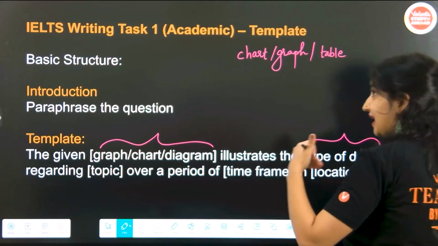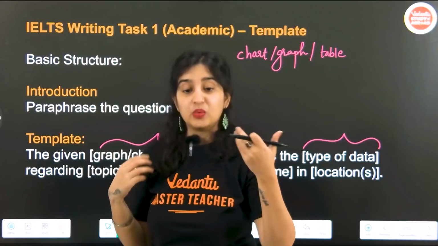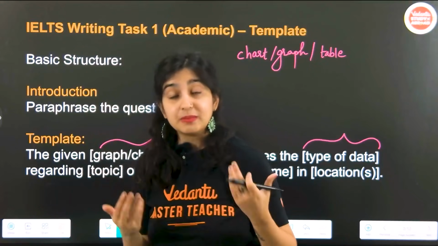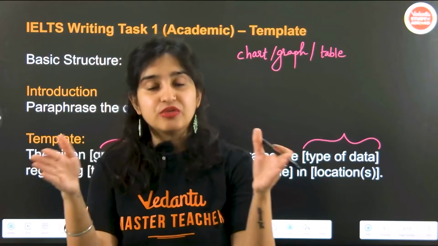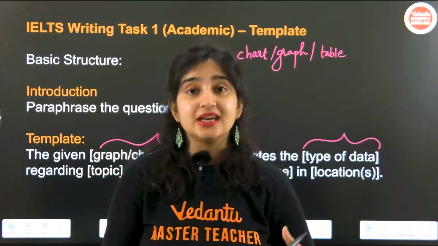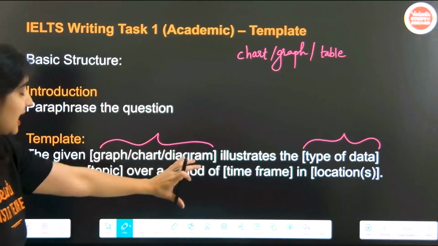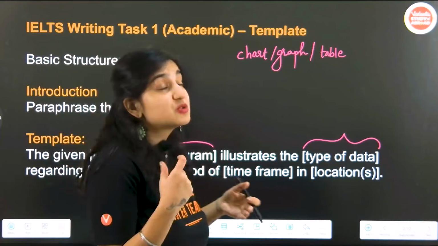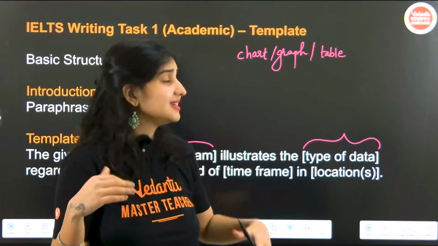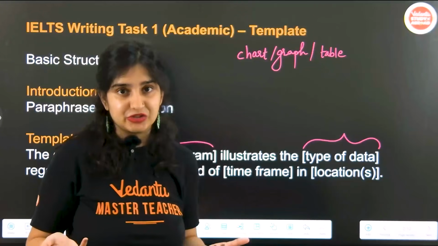Generally the first task will be about something happening over a period of time. It could be a decade, it could be more, it could be less, whatever that time frame is, add that here. A lot of times a specific location is not mentioned. I think it's never mentioned, right?